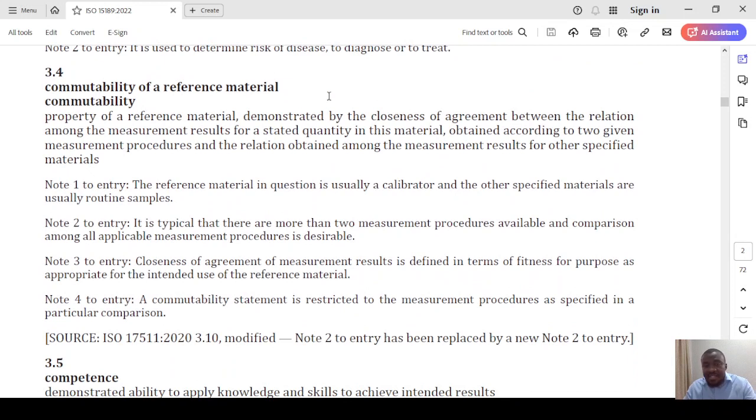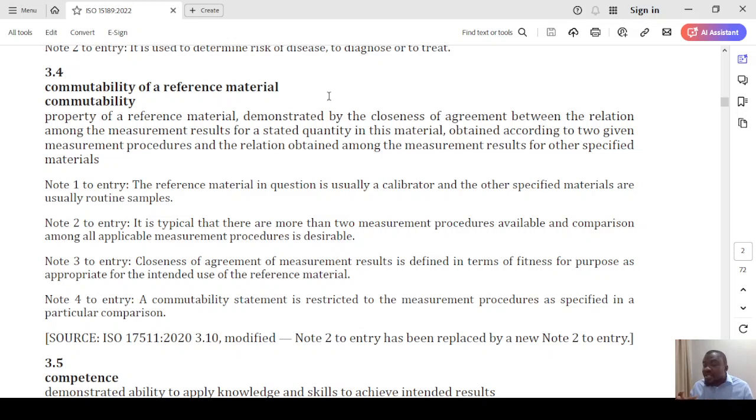Then let's talk about commutability. Now, commutability in brief usually comes when we're talking about calibration. Okay, and in this way, we are talking about closeness of agreement between two measurements.